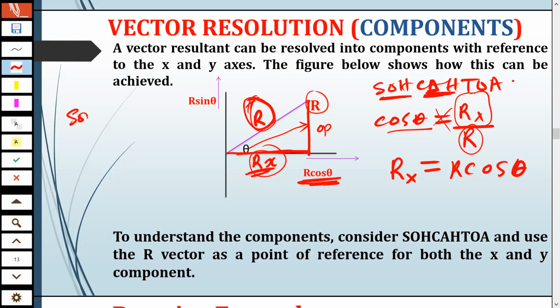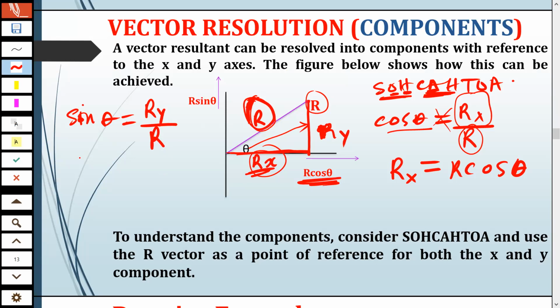So we know sine theta is equal to the opposite, which is the one that we're trying to look for, which is the R in the Y, over the hypotenuse, which is simply just R there, because we know sine theta is opposite over the hypotenuse.